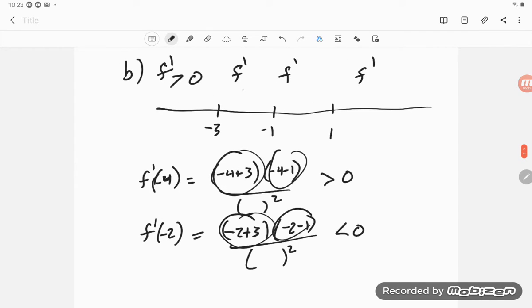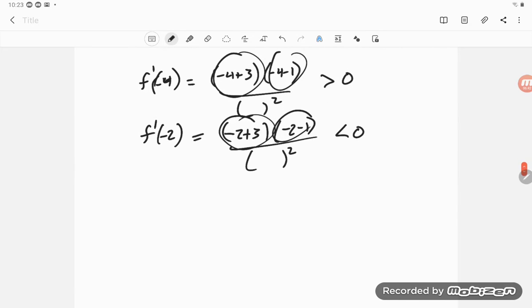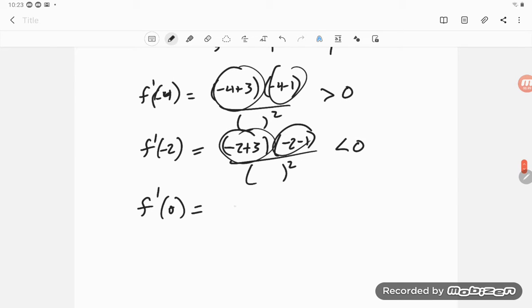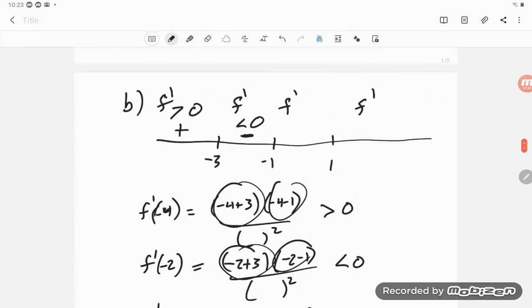Okay, so I come back up here and this is positive, this is negative. Now I'll look at f prime at 0. I get 0 plus 3 and a 0 minus 1 all over something squared, and so that is also negative. And so this is also negative here.